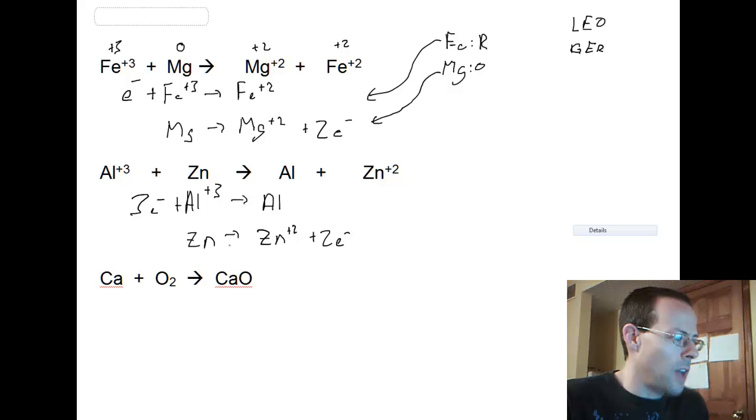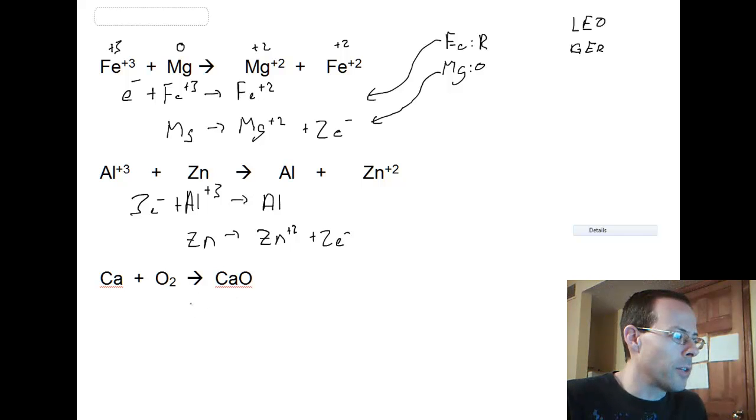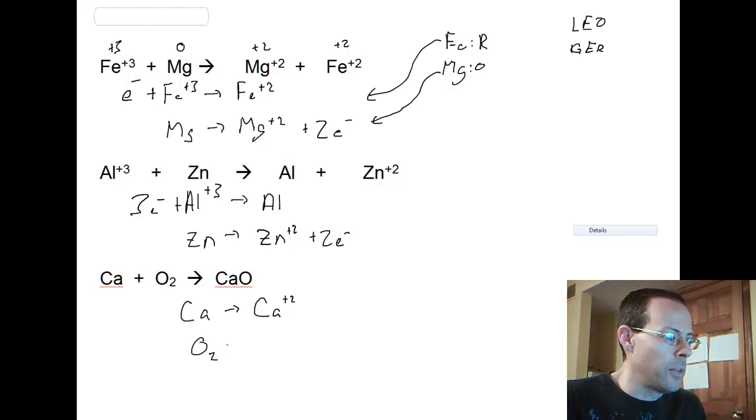Our last one is kind of interesting because not everything has charges. You'll have some of these in your homework. We're going to do a calcium oxide. I'm just going to break this ionic compound up. So calcium goes to calcium ion, and oxygen element goes to oxide.